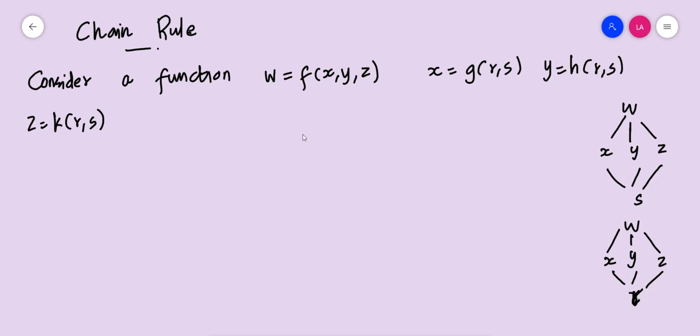With respect to this, we can define the partial derivative of w with respect to s and the partial derivative of w with respect to r.